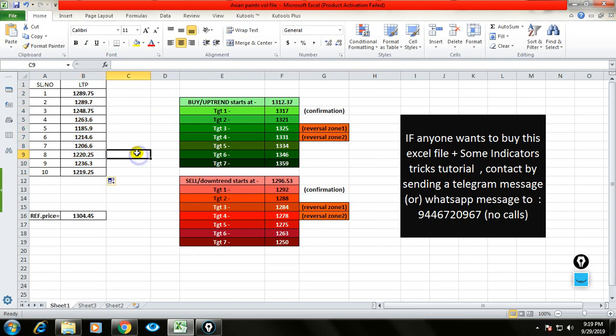The closing price of the previous 10 days from 25th and backwards is placed into the respective fields. Now let's put the reference price as 1289.75, which is nothing but the closing price of 25th. So the levels are generated for 26th.